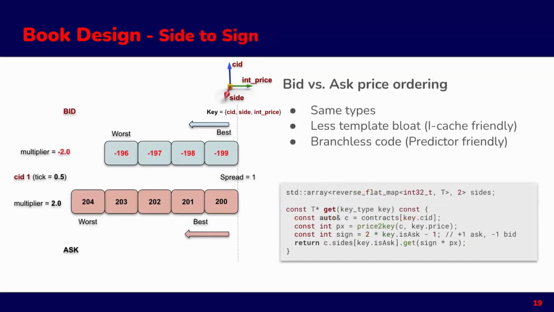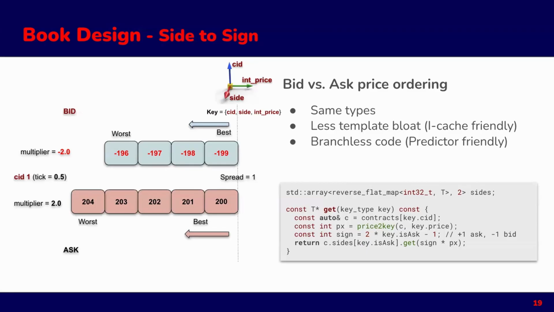So there is another approach, because we are already converting the prices to integral prices, and we can use the sign. Keys can be signed, and we can calculate the sign like this. It's branchless: 2 times the side minus 1. So it means that we get +1 for ask and -1 for bid. So we have just a single implementation. There's no need to have 2 different types.